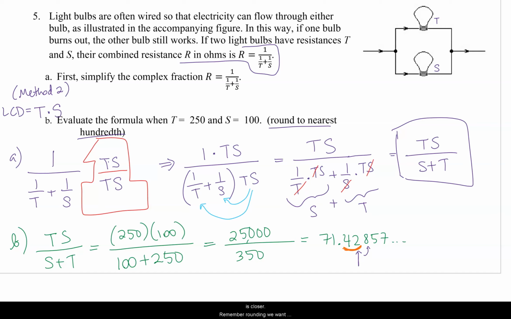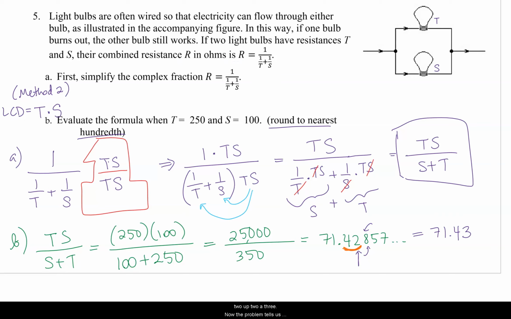Remember, rounding, we want to get close values. We want to round to the closest or to the nearest. And so this would round 71.4 because the 8 is higher than 5 or bigger. I'm going to round that 2 up to a 3.